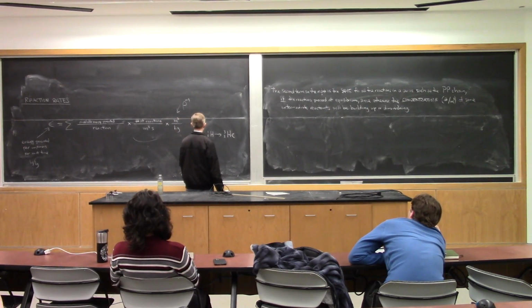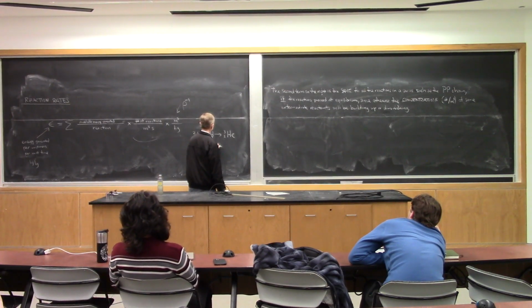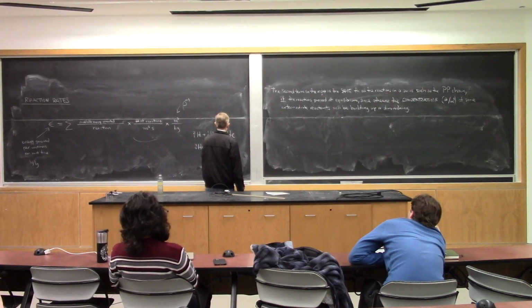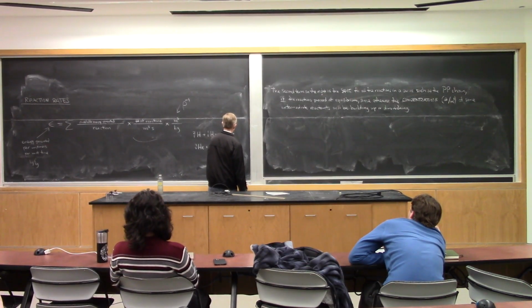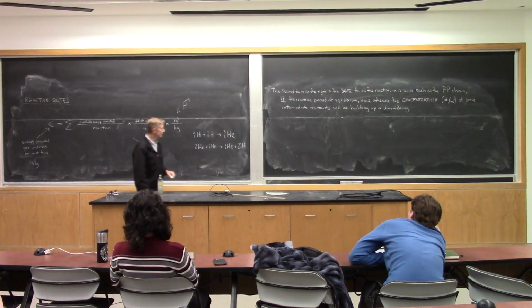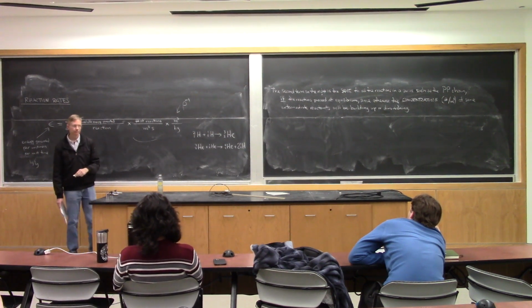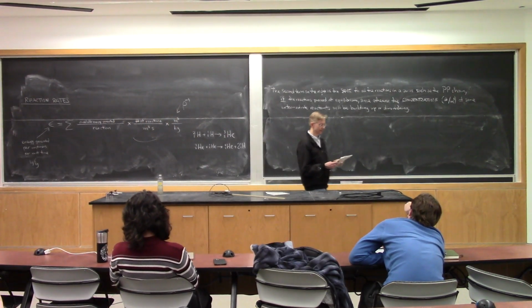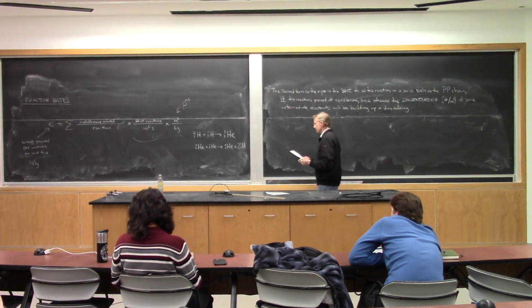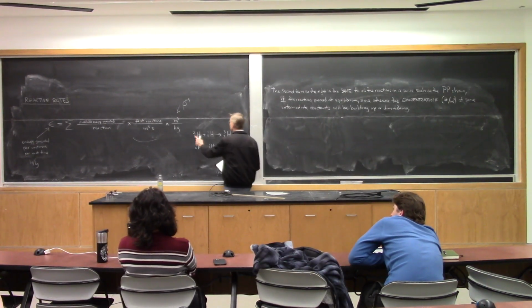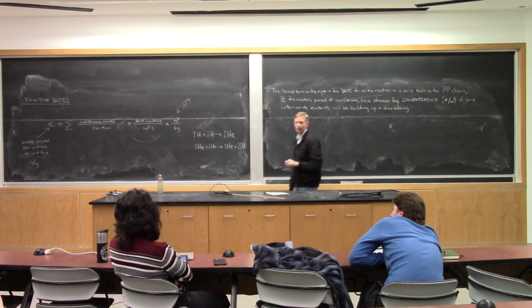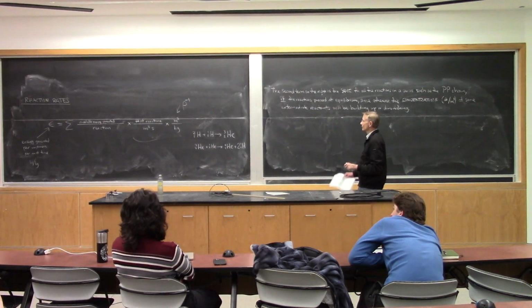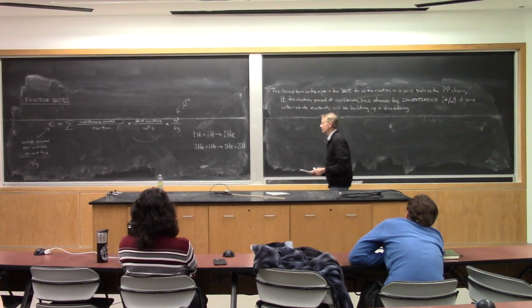And then helium-3 fuses to form helium-4. Let's suppose, and we'll show that this can't be, suppose the concentrations of deuterium and helium-3 were equal to one another. There were equal amounts of deuterium and helium-3.